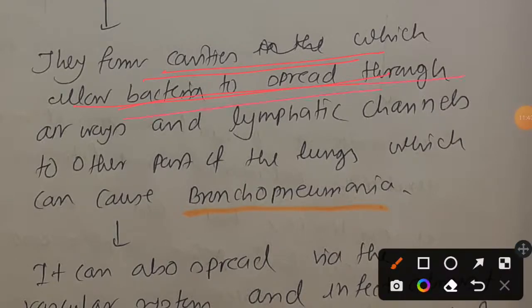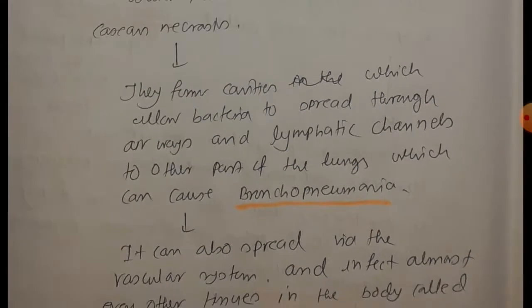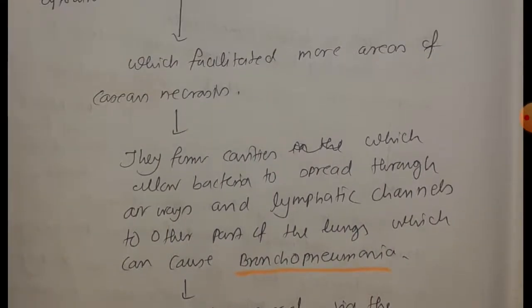This allows bacteria to spread through either airways or lymphatic channels to other parts of the lungs, causing bronchopneumonia. Understood? In primary infection, they only rely on a particular part of the lungs, the lower lobe. They only want to reside in the lower lobes.